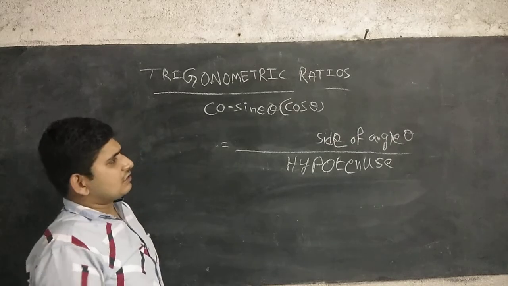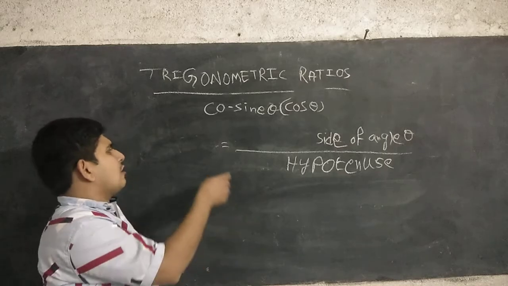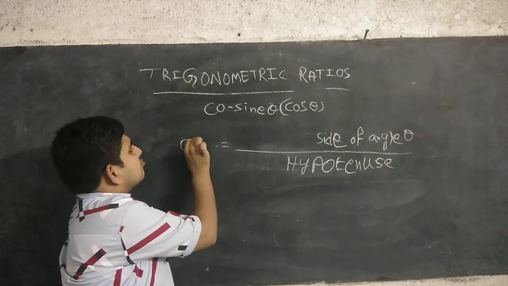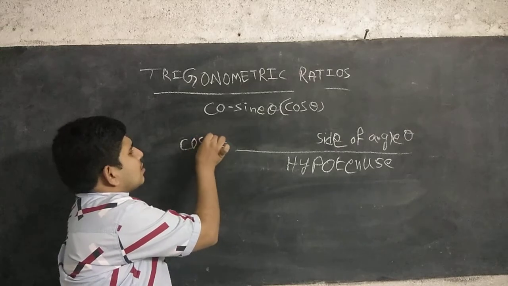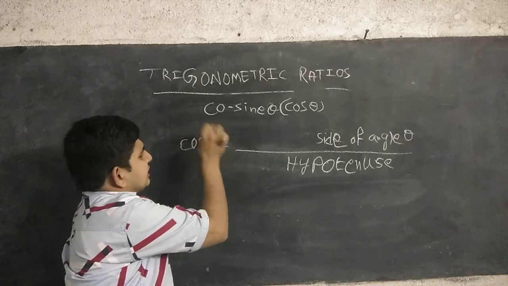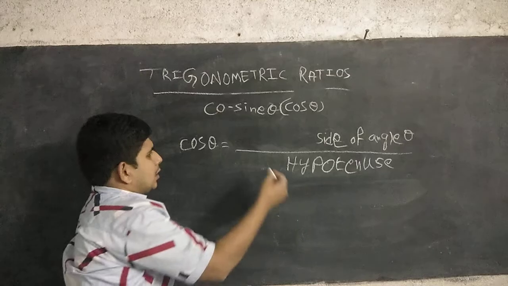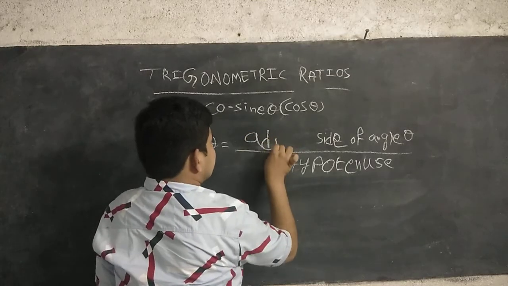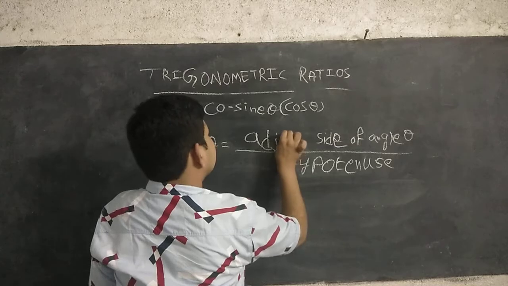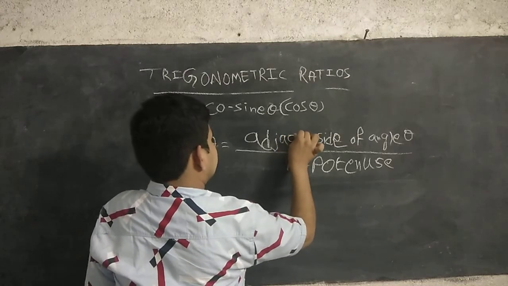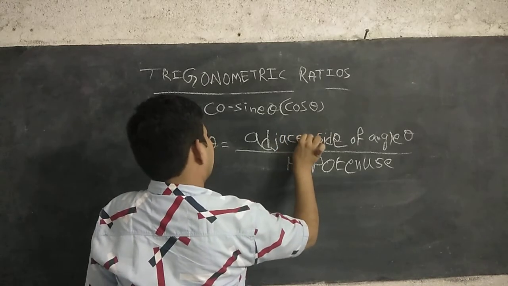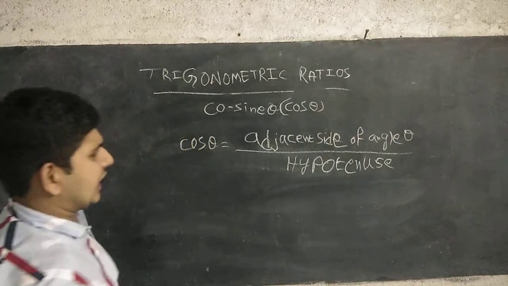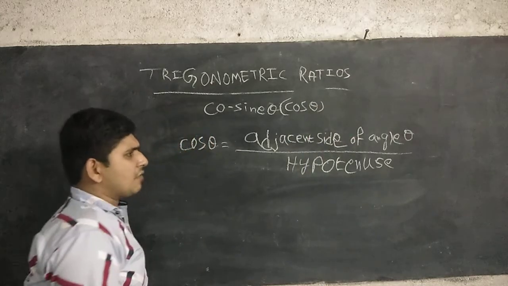So cos theta equals adjacent side of angle theta to its hypotenuse.